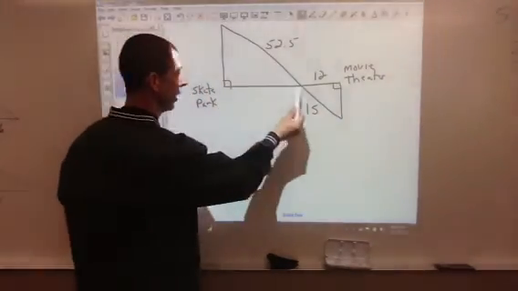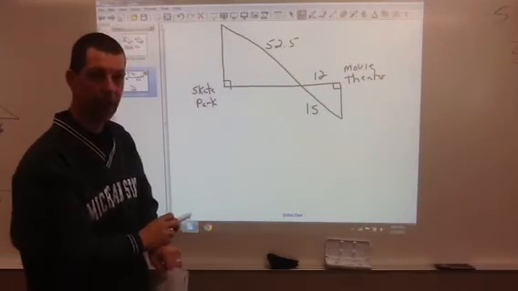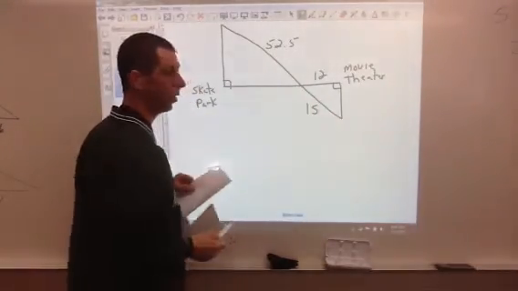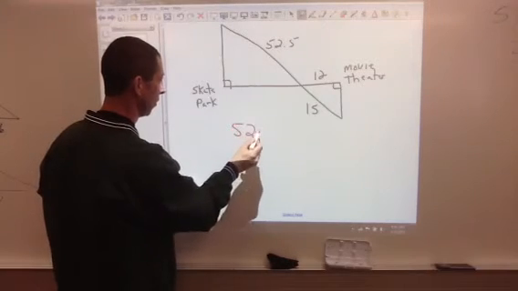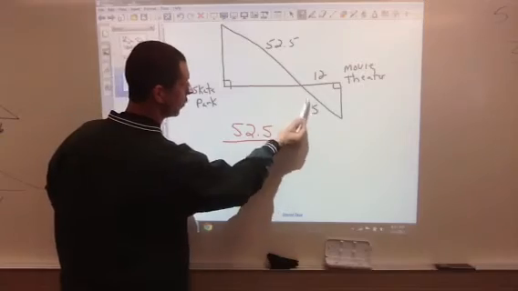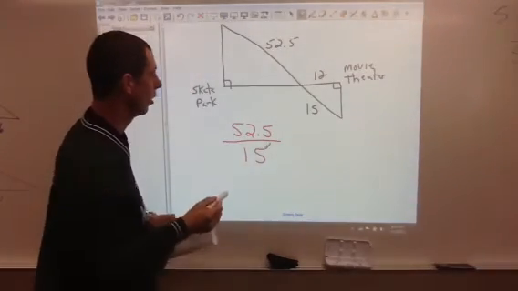Alright, so this distance right across here. So, once again, we have to take corresponding sides from the two triangles. Here's the larger triangle, here's the smaller triangle. Now, 52.5, okay, is off of the larger triangle, and that corresponds with 15. They're the same side on the other triangle.